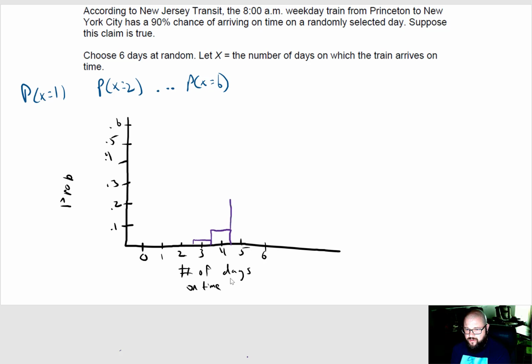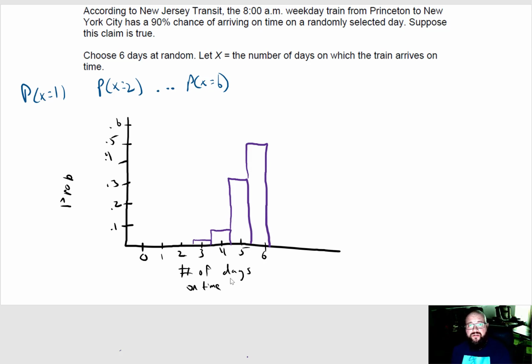So we're going to jump all the way up to 0.35. And then for 6 out of 6 days is 0.53, so come up to about right in here. Bring that over right there.